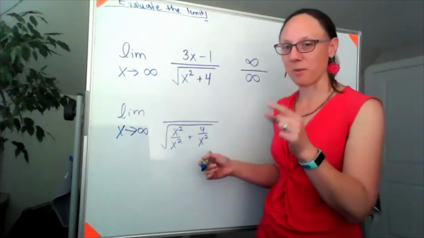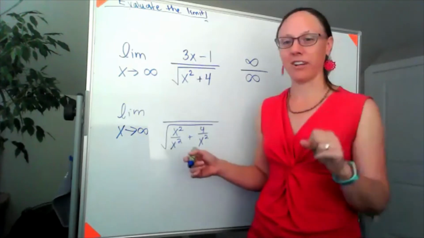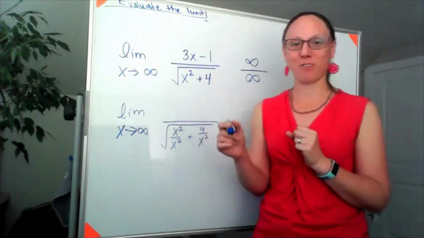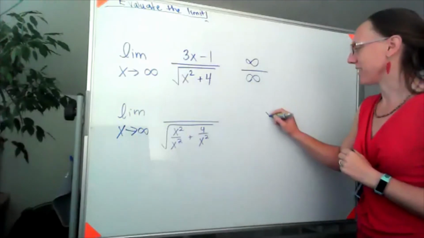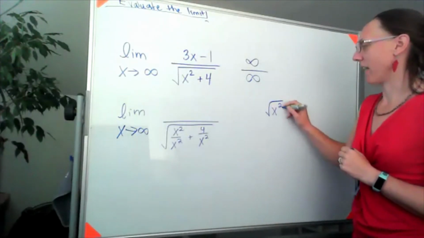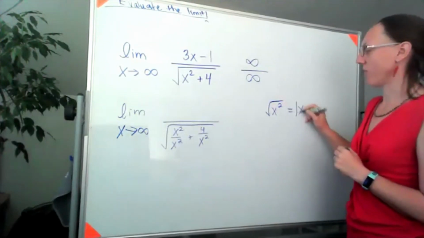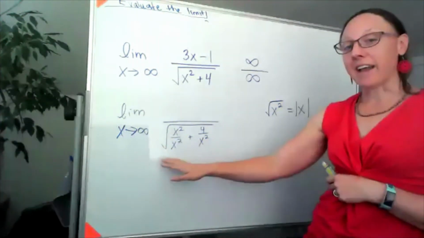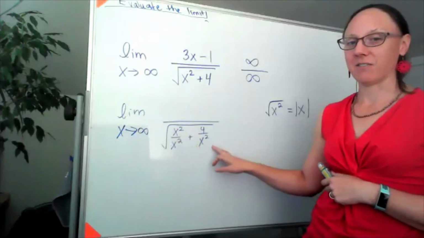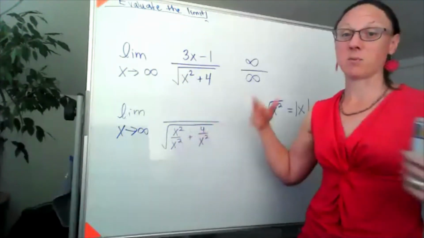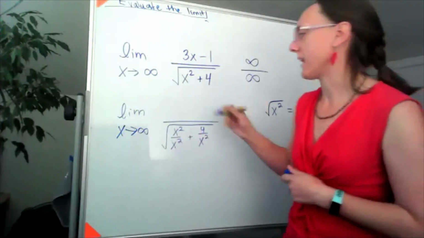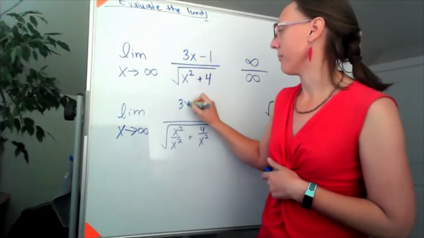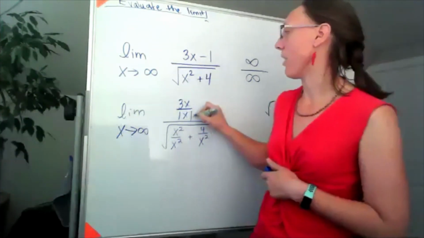It's almost x. We'll come back to that in a second. The absolute value? It's totally absolute value of x. So if I take the square root of x squared, this is equal to the absolute value of x. So we can divide by x squared inside of that square root, but in the numerator, because we don't have a square root, we would actually be dividing each term by the absolute value of x.